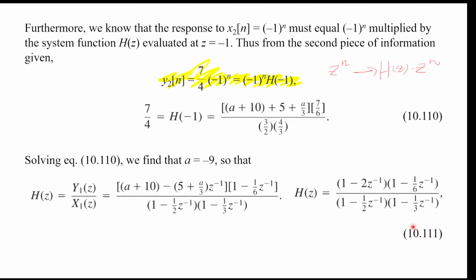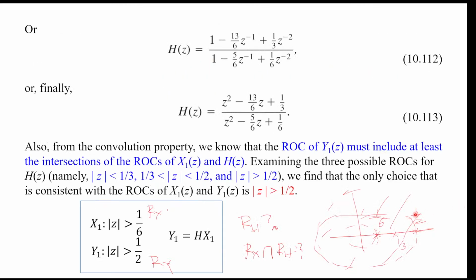Its two poles are 1 over 2 and 1 over 3, and so h of z has three possible RC: outside 1 over 2, between 1 over 2 and 1 over 3, and inside 1 over 3.